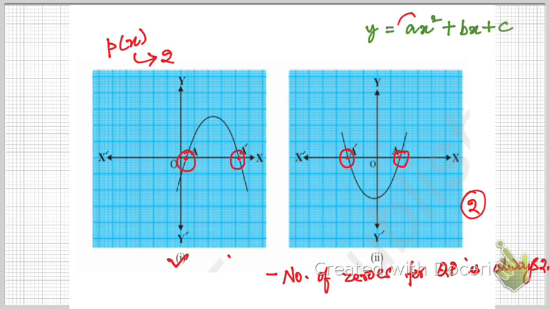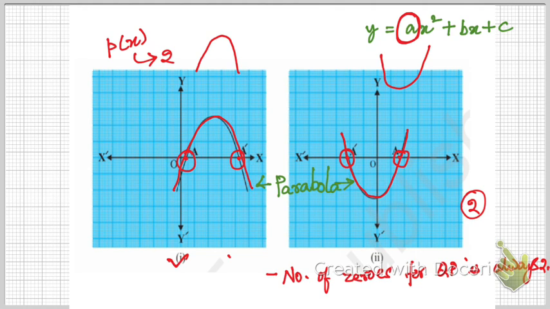Based on the value of a, you will find the type of graph that you get. Once we got this type of graph, and in this one we got this type of graph, both these graphs are actually parabolas.